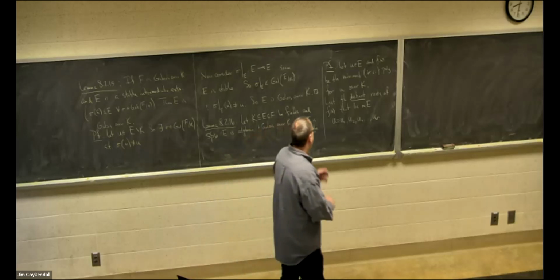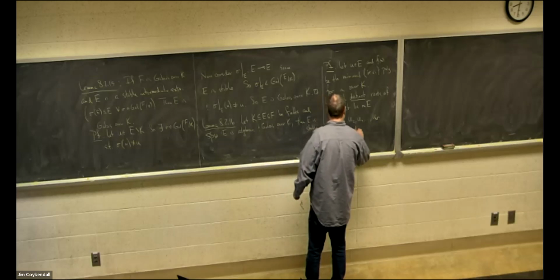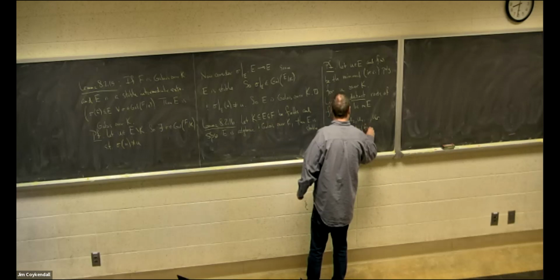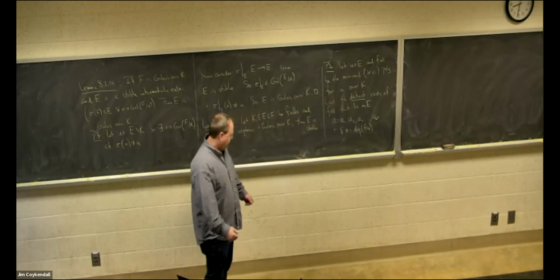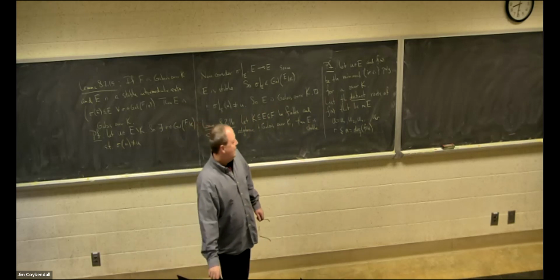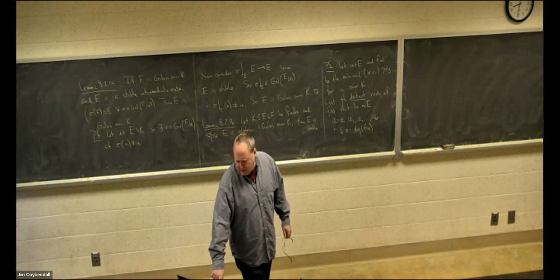And let me point out, of course, that R is less than or equal to N, which is the degree of f of x. So if we say that the degree of f of x is N, the number of distinct roots must be R, which is bounded above by the degree of the polynomial.